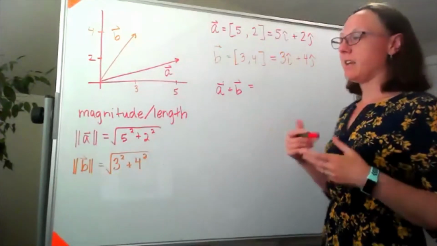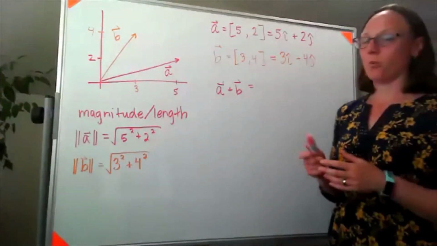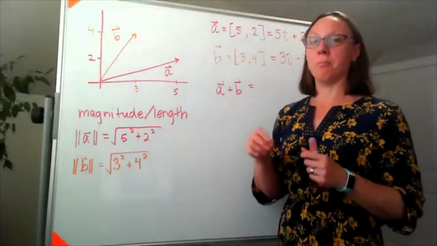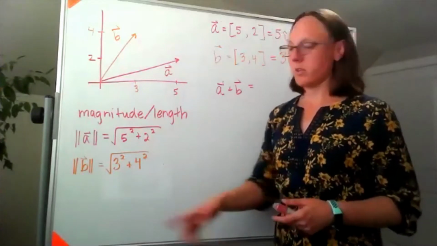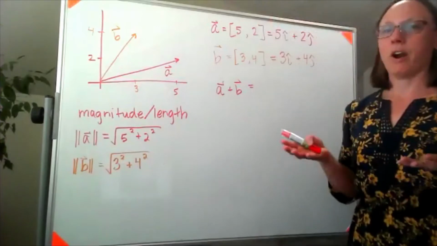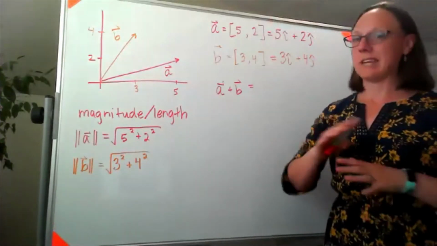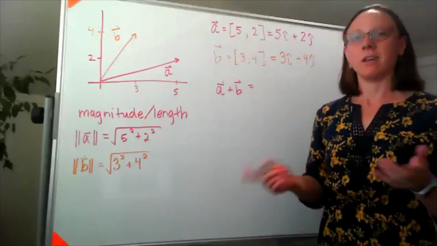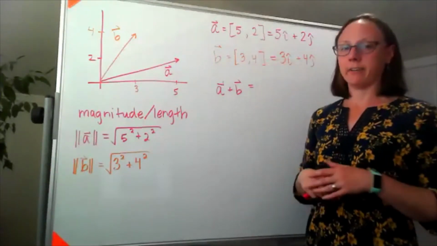So usually it comes down to whether we're using a notation where we're making the letters bold, or we're using a notation where we're putting a vector hat on top.